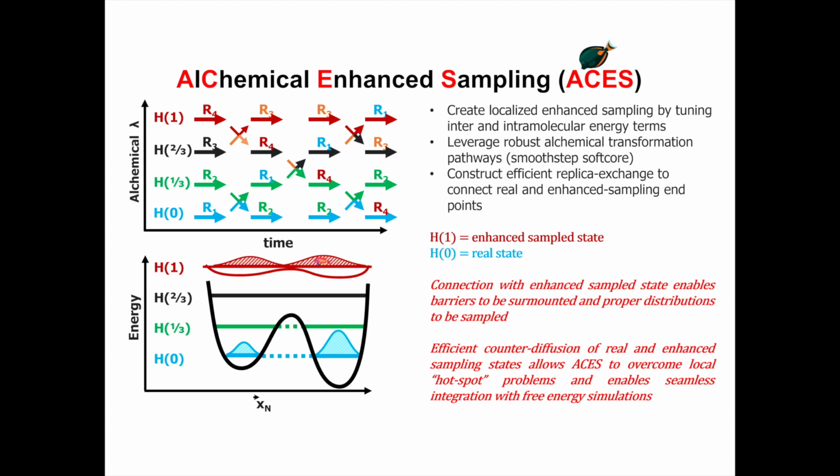Now, enhanced sampling has a lot of context. Here, really the type of sampling that we want is probably more appropriately termed importance sampling. In other words, enhanced sampling can be good or bad.